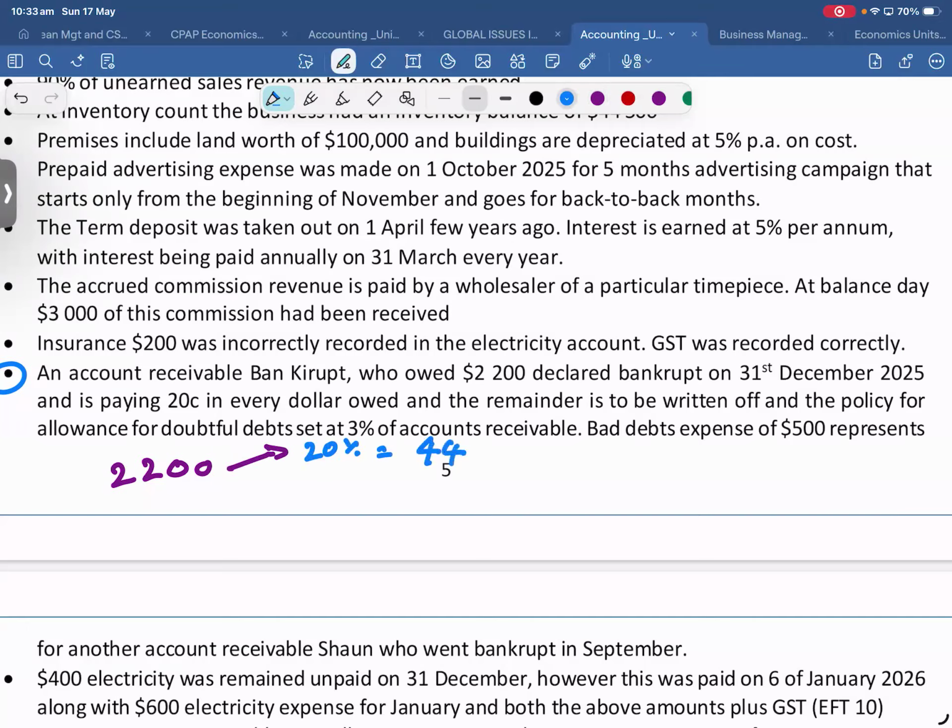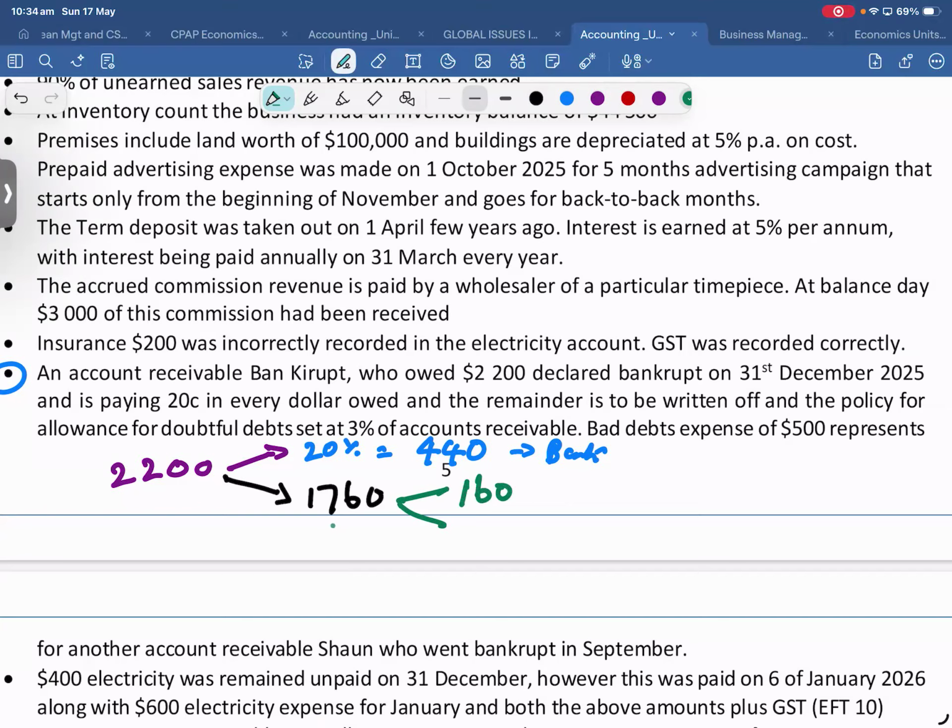Then how much is the remainder? 1760. That's why you said you debit the allowance for doubtful debt, yes? So, doubtful debt amount 1760. Is it correct? No. Why? You have to get rid of the GST from this one. Our GST is 160.